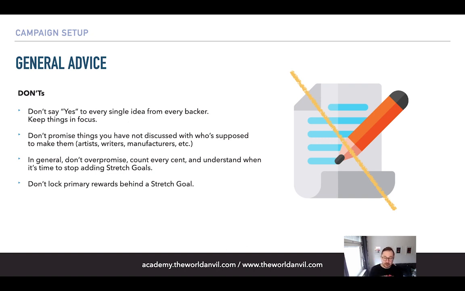One mistake that I've seen in a couple of campaigns that have horribly failed is that they lock some of the primary rewards behind a stretch goal. What does it mean? That, for example, they make you pay for 2 books, but one of the books is really not there unless it is unlocked as a stretch goal. That is a terrible mistake.